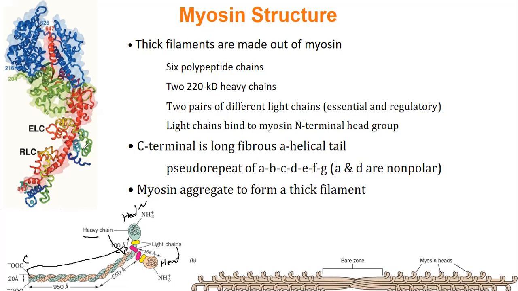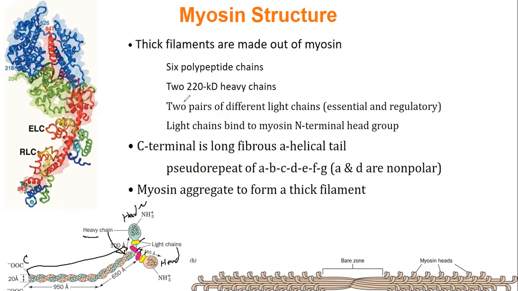Around the heavy chains, you have 4 light chains, and these come in pairs. So you have 2 pairs of light chains, or 4 light chains, right? And these bind around the N terminus of the myosin. The C terminus is a pseudo repeat, like we talked about for our other fibrous proteins.